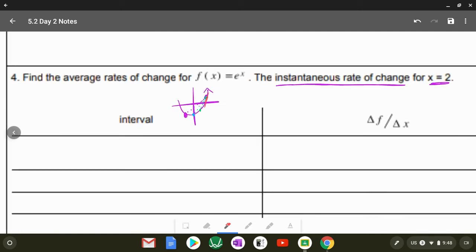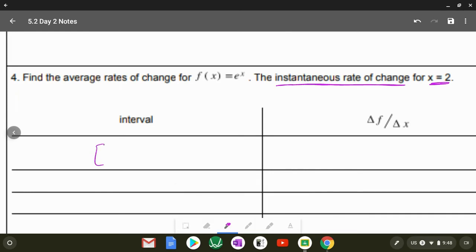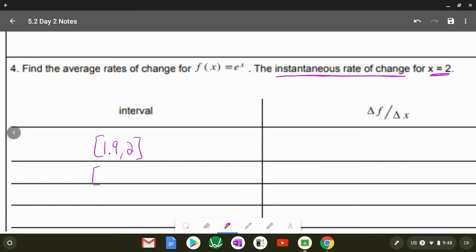So what we want to do here, for this graph, which is e to the x, is set you up by starting with the interval 1.9 to 2. And then we're going to look at the average rate of change from 1.9 to 2 on this function. And then the average rate of change between 1.99 to 2, and then 1.999 to 2.